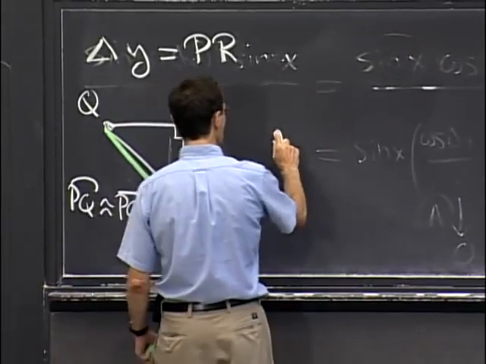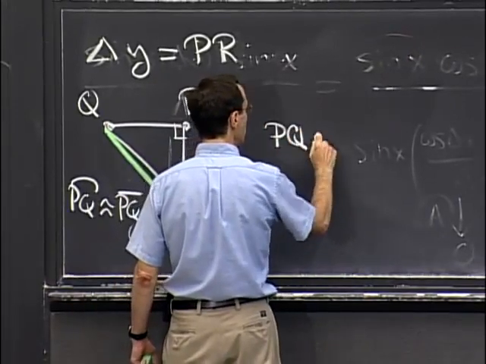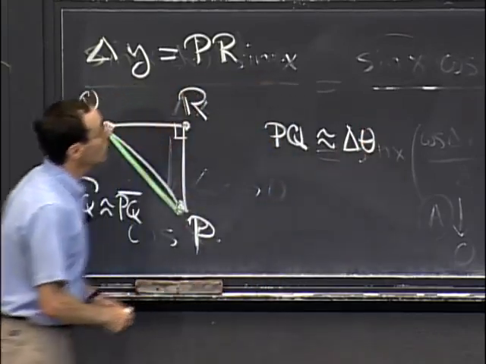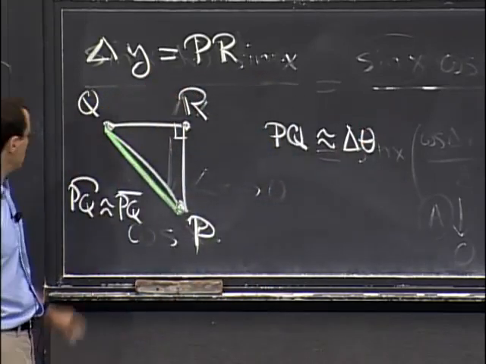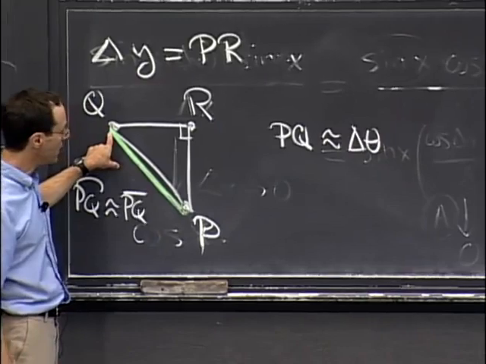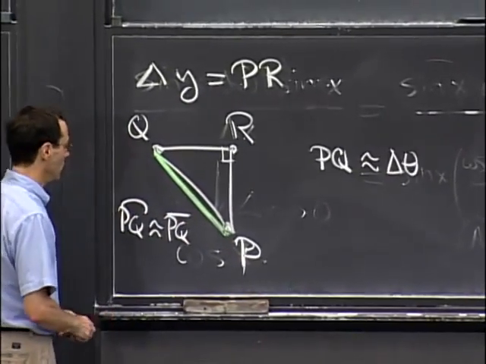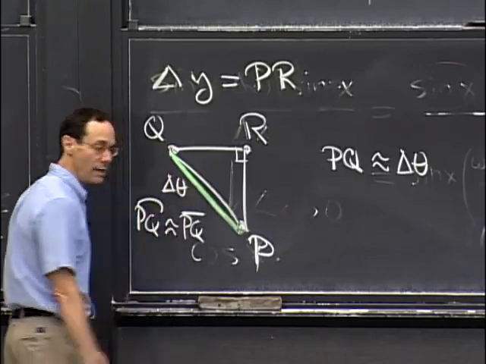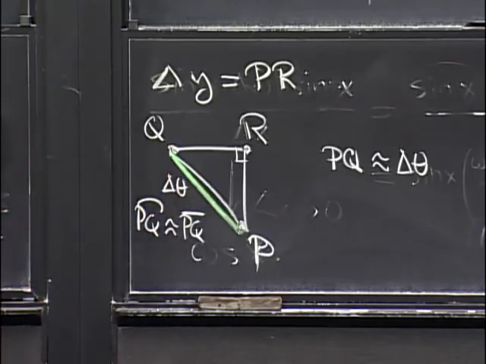What we want to notice is that the distance from P to Q is approximately delta theta, because the arc length along that curve is delta theta, so the length of the green, which is PQ, is almost delta theta. So this distance here is essentially delta theta.